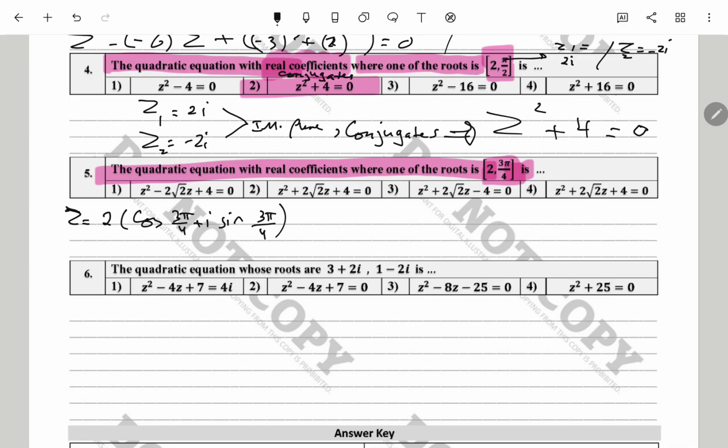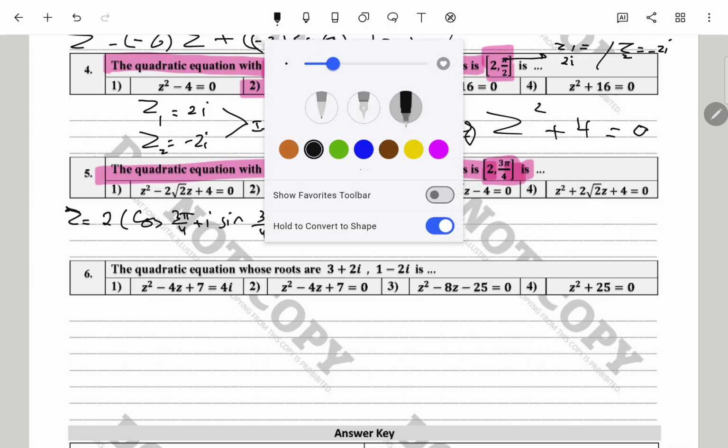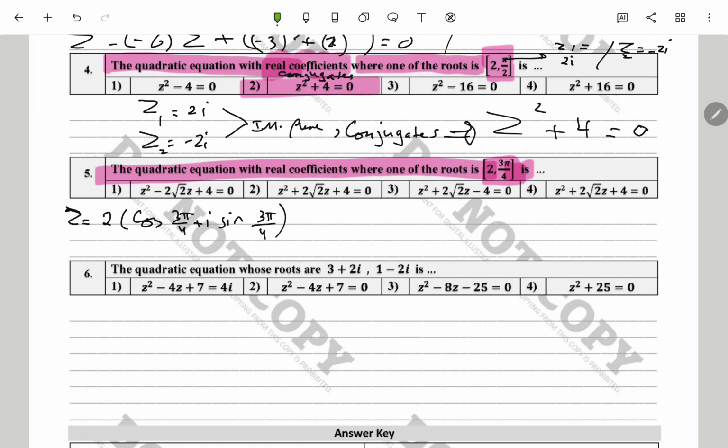And you can know that this pi over 4 is 45. If it is multiplied by 3, that will make it 135. So you are dealing with an angle in the second quadrant, which is 135 degrees.